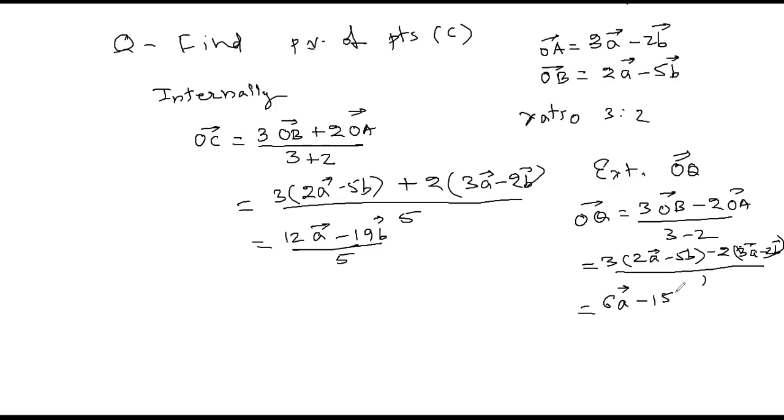Minus 5 times 3 is 15B, minus 3 times 6A, and minus minus plus 3 times 6B. This 6A and minus 6A will cancel, and minus 16B plus 6, so minus 11B. So minus 11B is the answer.